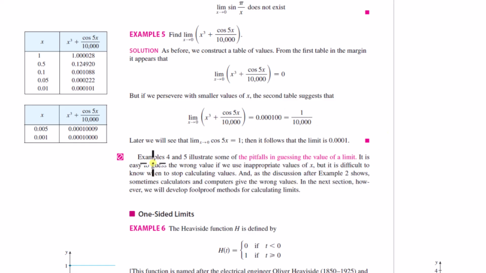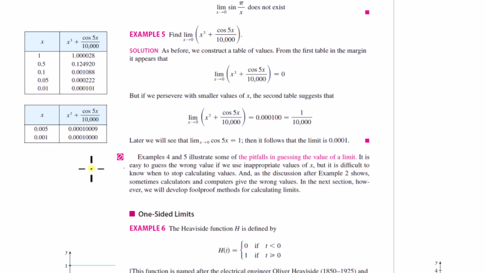And so what they're trying to illustrate here is some of the pitfalls in guessing the value of a limit. It's easy to guess the wrong value of a limit if we use inappropriate values of x. But at the same time, it's difficult to know when to stop calculating values.